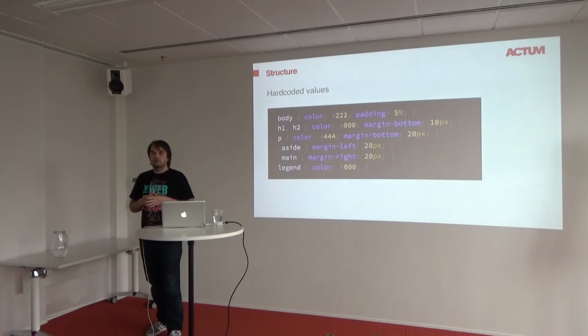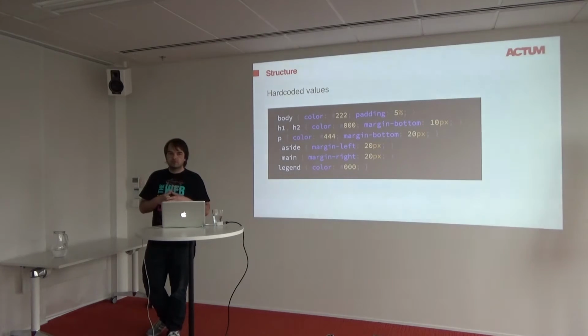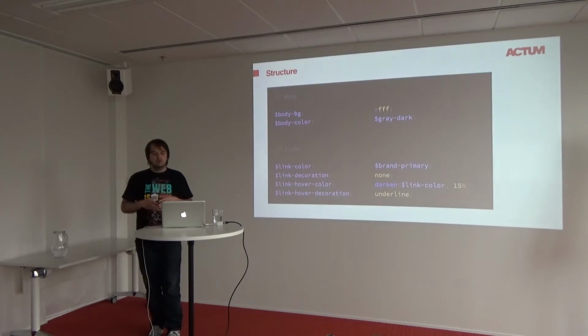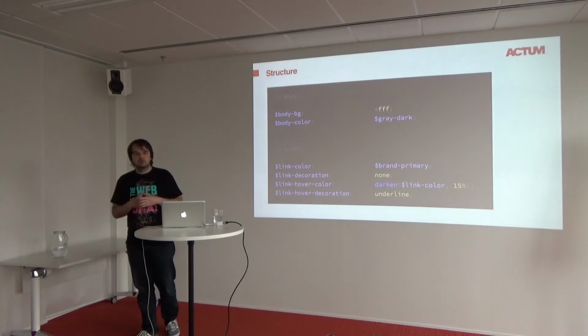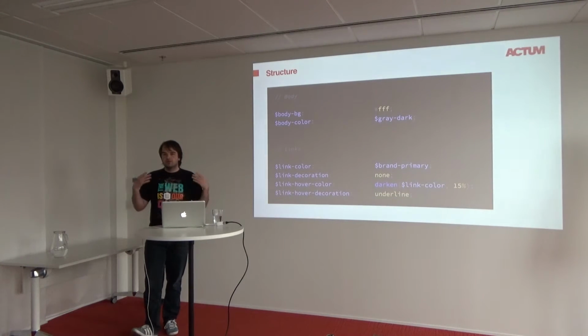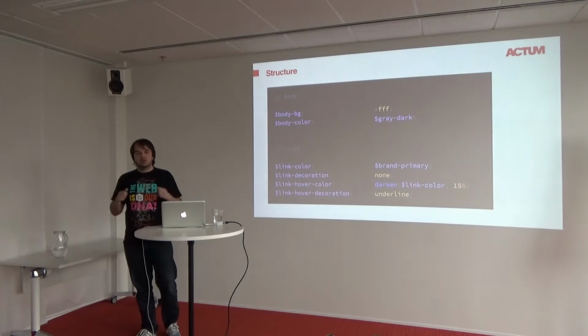We no longer have hard-coded values in our CSS, again, thanks to CSS preprocessors. We can use variables, or we can go even further and introduce, for example, a variable like supports IE8 and use it in a condition.